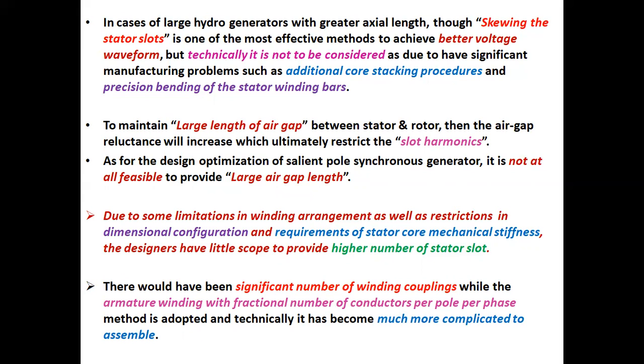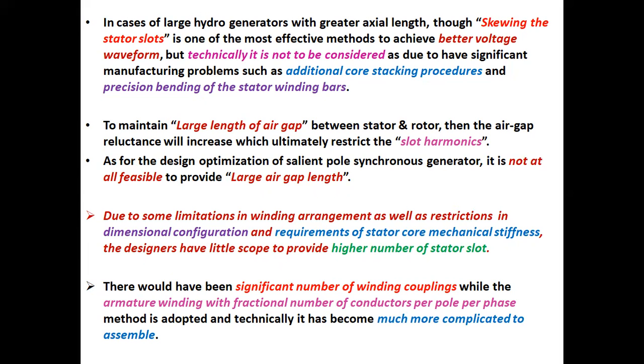As for the design optimization of a salient pole synchronous generator, it is not at all feasible to provide a large air gap length. Due to some limitations in winding arrangement, as well as restrictions in dimensional configuration and requirements of stator core mechanical stiffness, the designers have little scope to provide a higher number of stator slots.